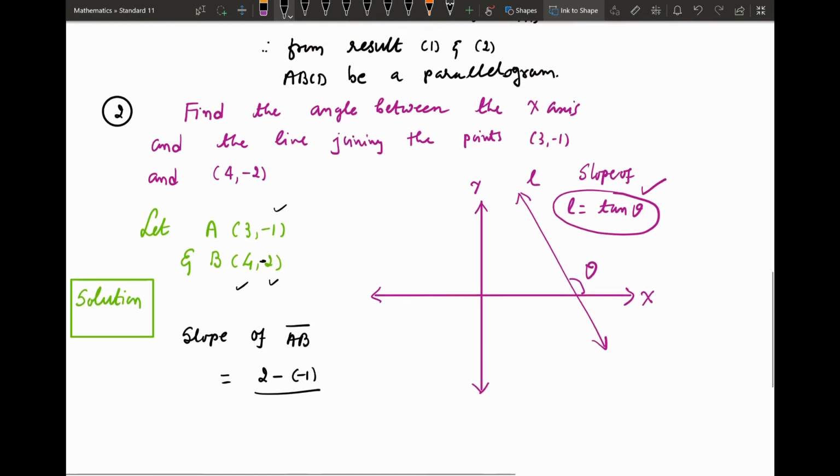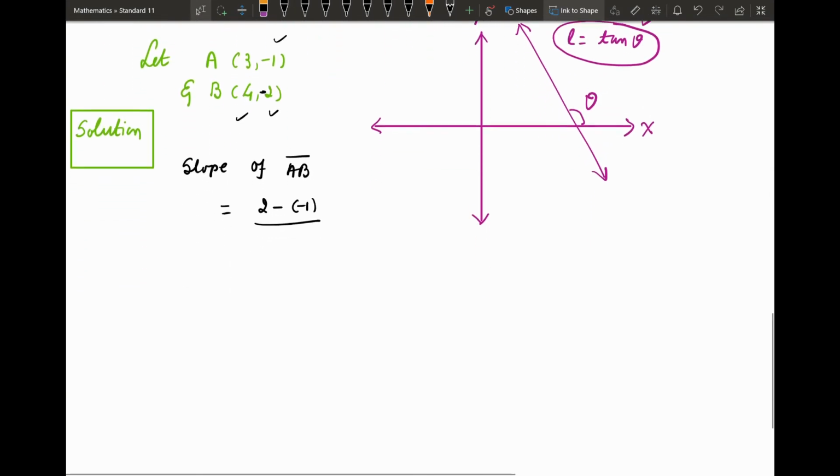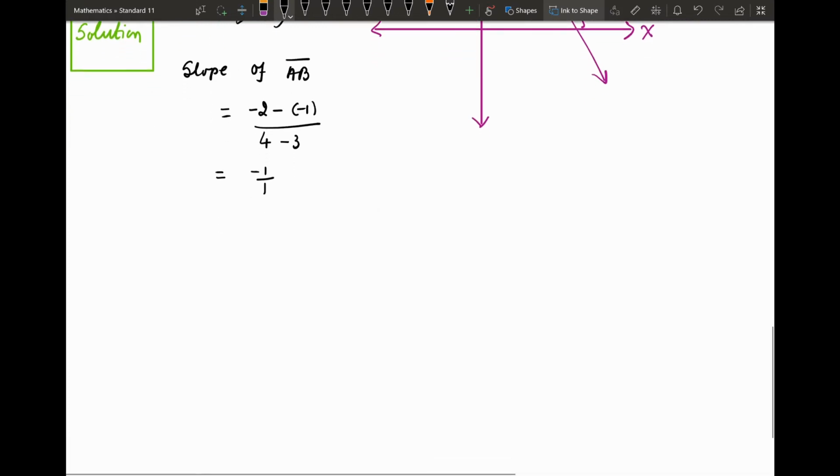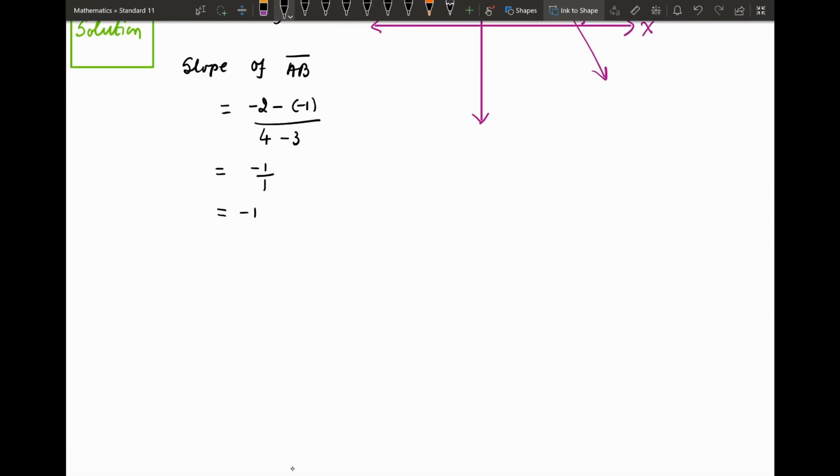Please check this: the points are A (3, -1) and B (4, -2). So using the definition, the slope is (-2 minus -1) upon (4 minus 3). Simplifying, this is -1 upon 1, so the slope equals -1.